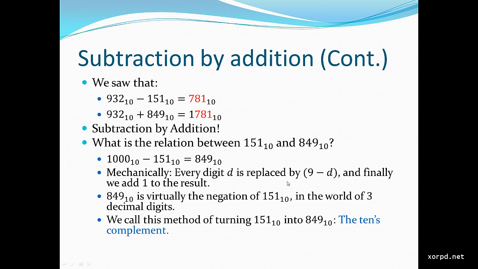Because if we just replace every digit by 9 minus d, we get a complement to the number 999, not to the number 1000. In order to get a complement to 1000, we have to add 1 to the final result. 849 is virtually the negation of 151 in the world of 3 decimal digits. We call this method of turning 151 into 849 the tens complement.